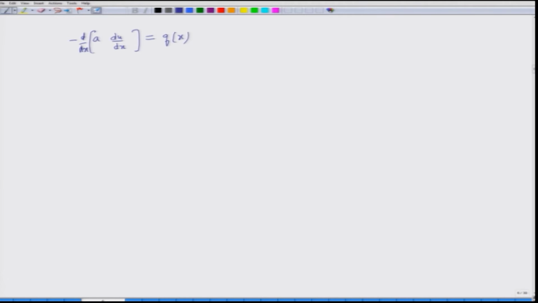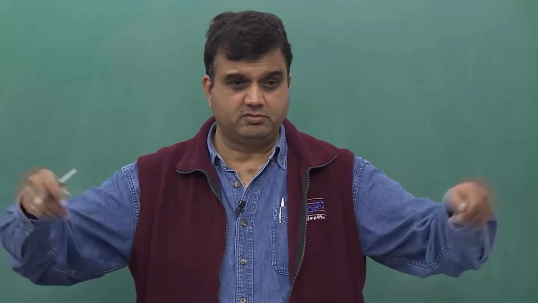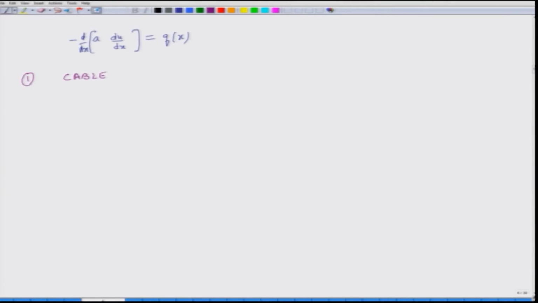So, the first area where this is valid is cable. If I have a rope or a cable, this tells us what the shape of the cable is going to be, which is hanging on its own.